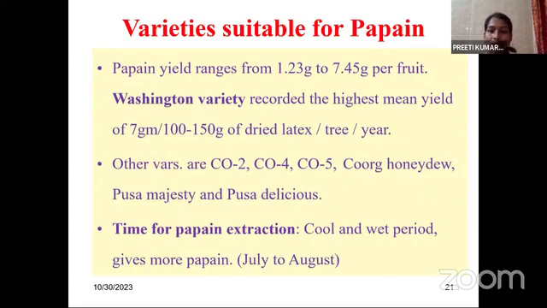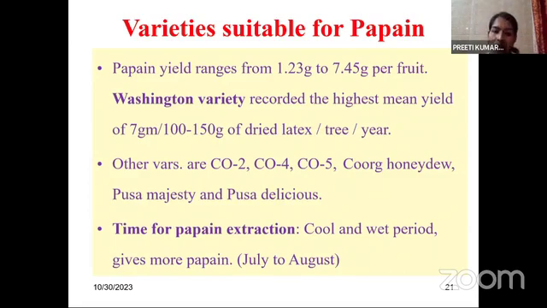The papain yield ranges from 1.23 gram to 7.45 gram per fruit, depending on the variety. The Washington variety has been recorded as having the highest papain yield, carrying the maximum papain quantity, about 7 to 100 or 150 grams of dried latex per tree per year.